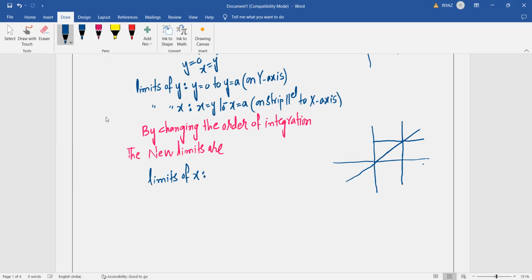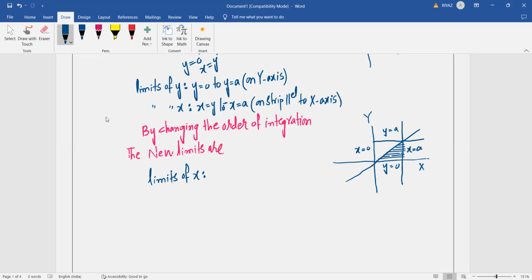X-axis, y-axis. y is equal to a, y is equal to 0, x is equal to 0, and this is x is equal to a. This is our region of integration.